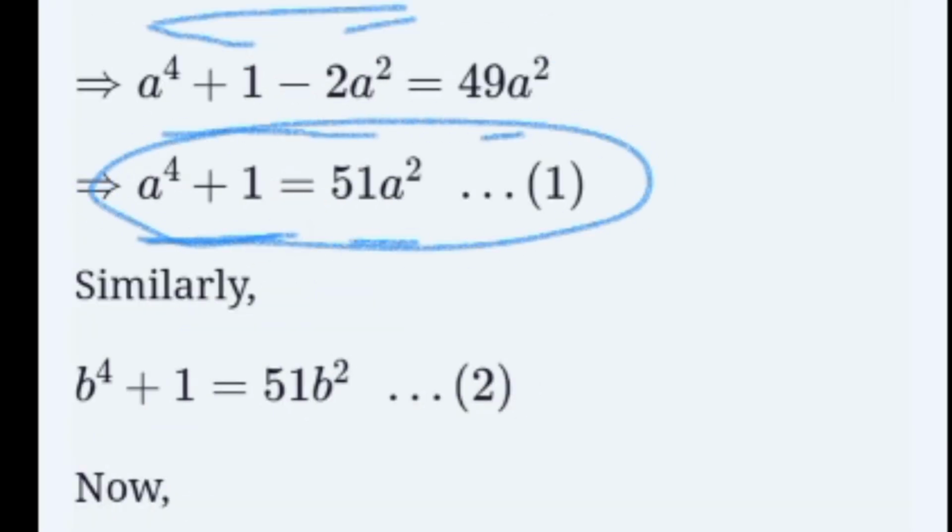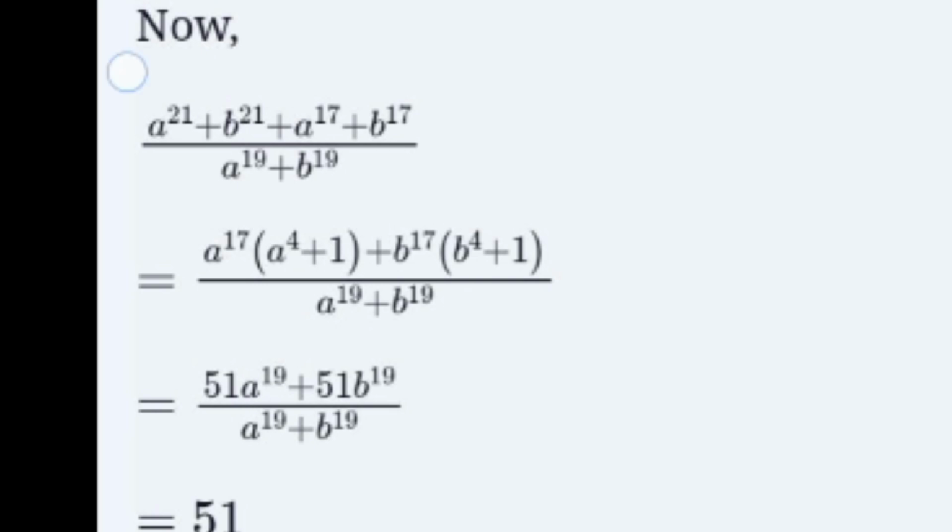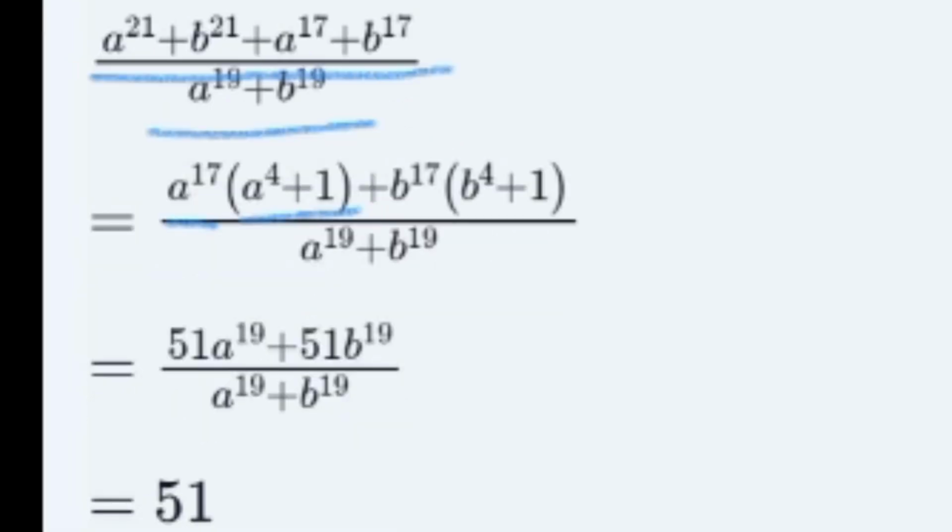So a is a root, and b is also a root, which means b power 4 plus 1 is equal to 51b square. Now, according to the sum, a power 21 plus b power 21 plus a power 17 plus b power 17 by a power 19 plus b power 19. Now a power 17 is common, a power 4 plus 1, and b power 17 is common, b power 4 plus 1, by a power 19 plus b power 19.